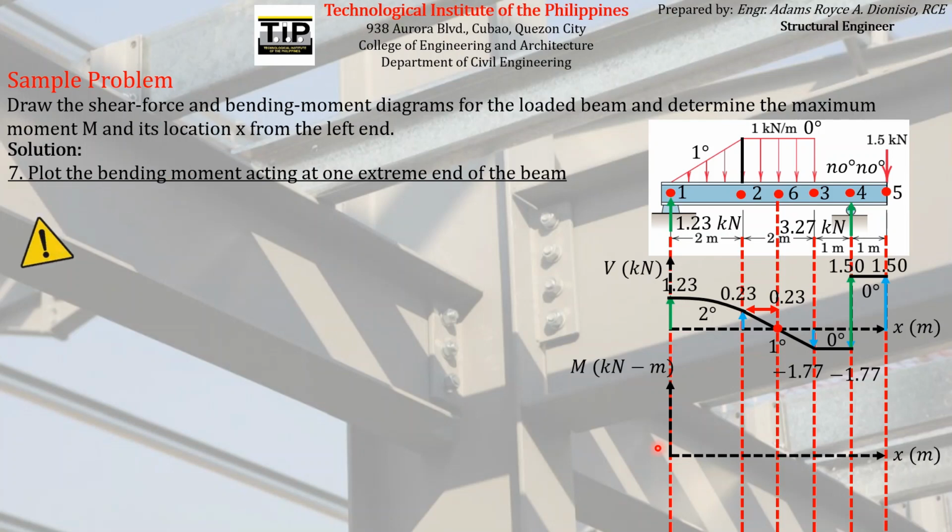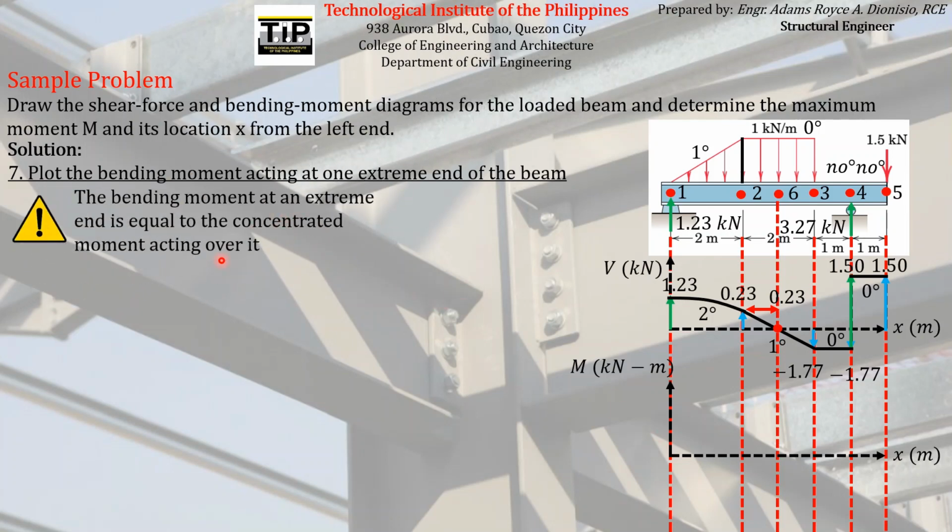So again, by definition, just like on the shear force diagram, the bending moment at an extreme end is equal to the concentrated moment acting over it. So the bending moment at point 1, according to this definition, is just equal to the concentrated moment acting on point 1 along the actual beam.